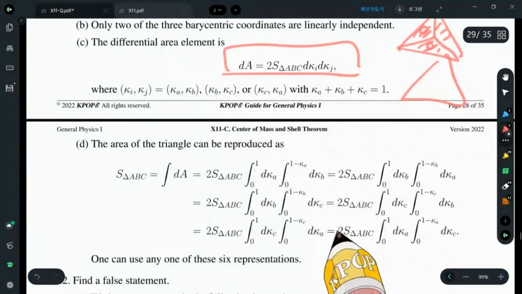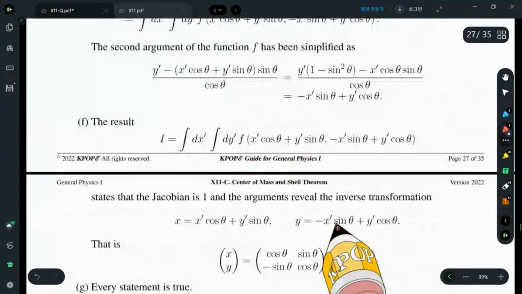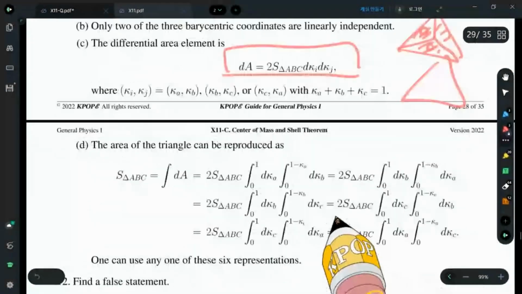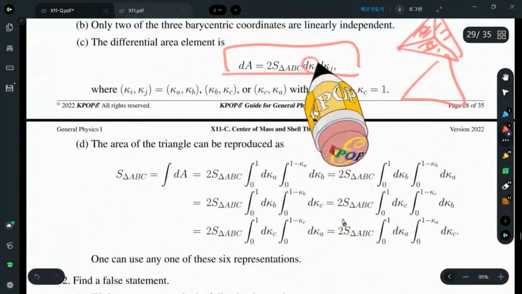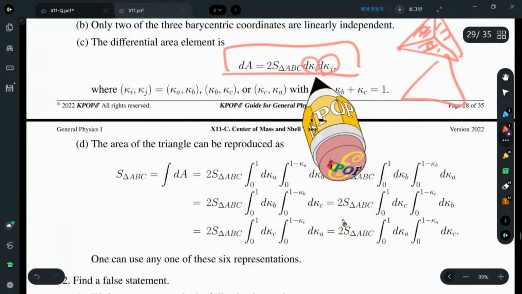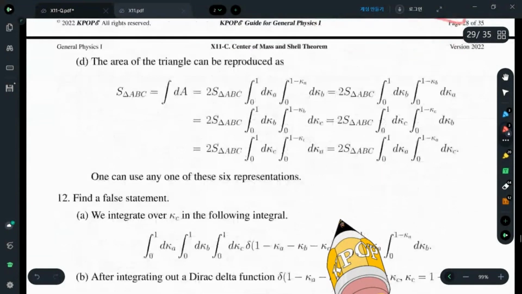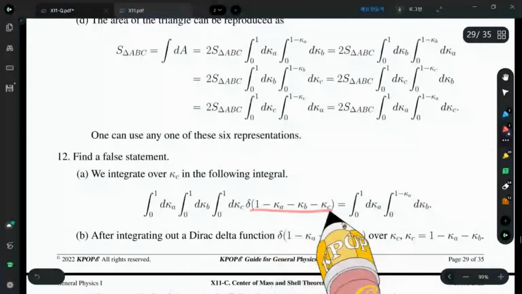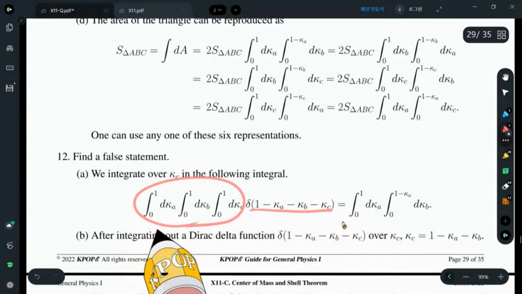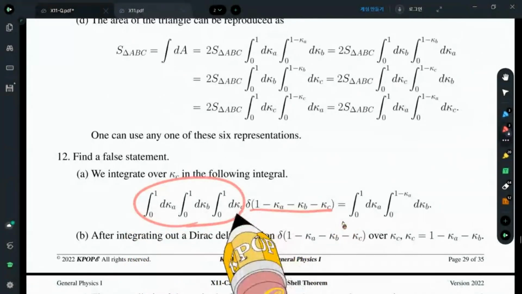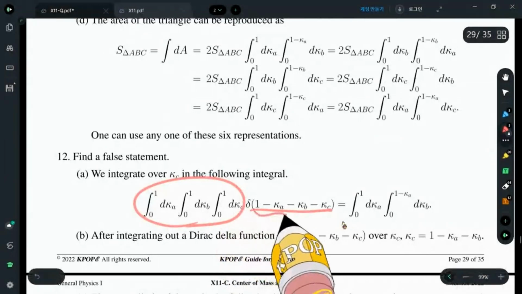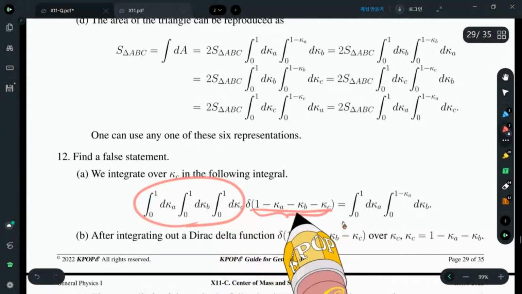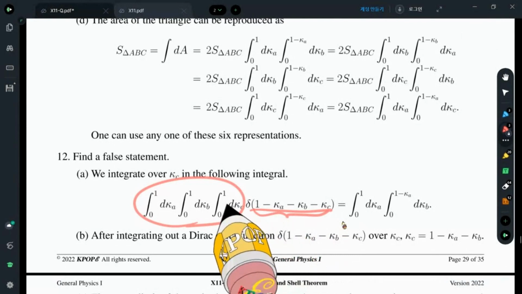And the reason why we have introduced the Dirac delta function is this. We can parameterize this two-dimensional integral by including the Dirac delta function in a three-dimensional one. Because after we integrate over a variable that is included as an argument of the Dirac delta function, what we have to do is just substitute.